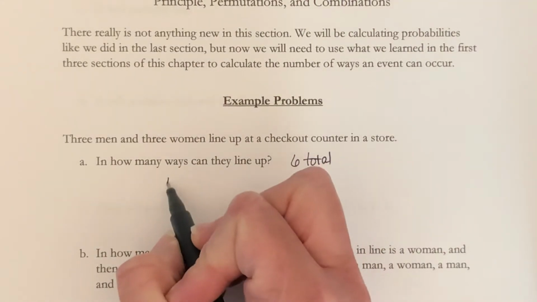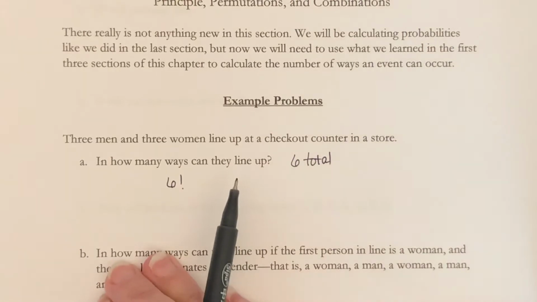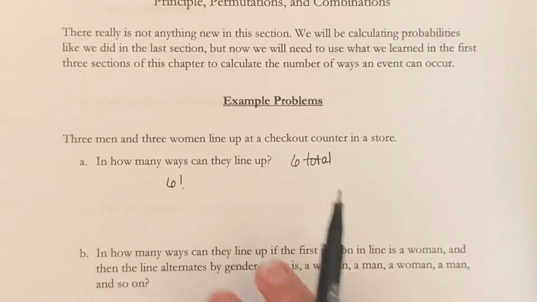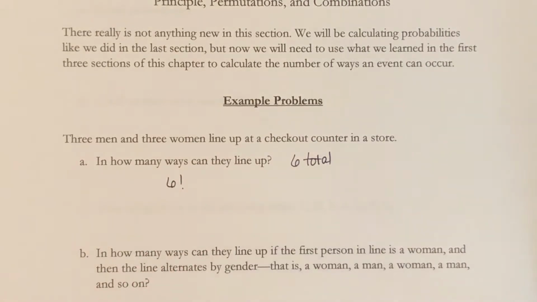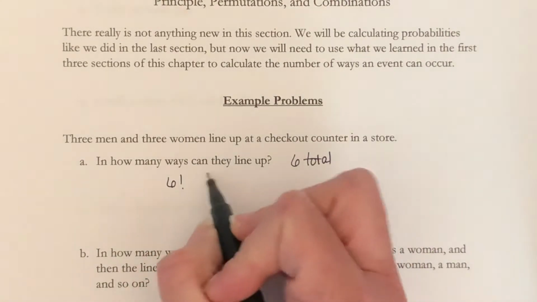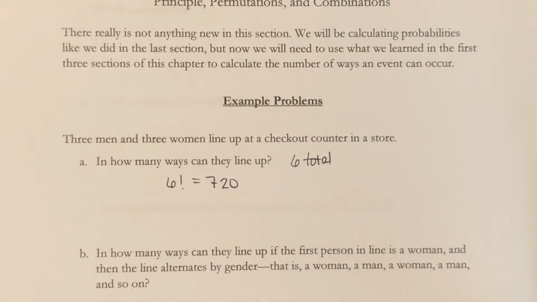There are 6 factorial ways of lining up. 6 choices in the first spot, then 5 choices, then 4 choices, and so on. So this is 6 times 5 times 4 down to 1, or enter it in your calculator, and you get 720. So there are 720 possible ways for them to line up.